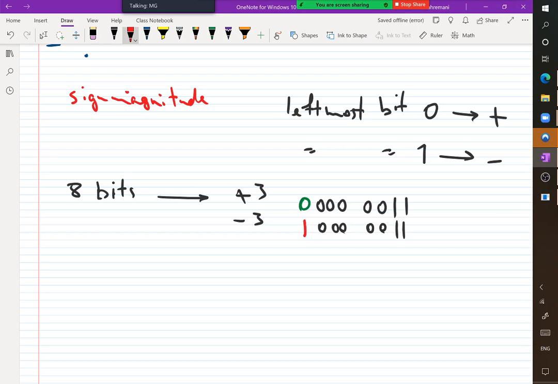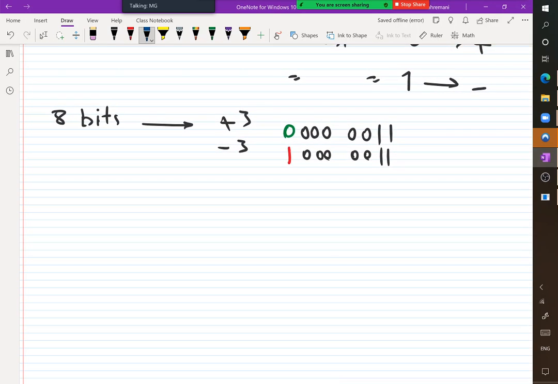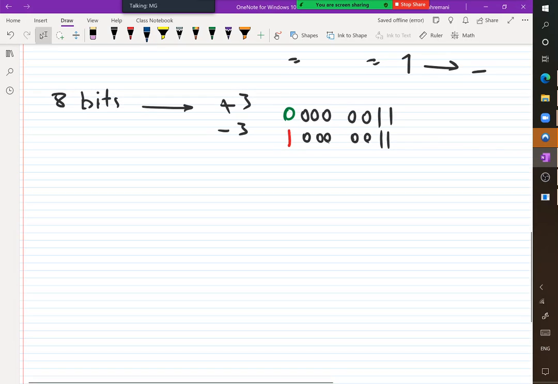Okay, so what if we want to add or subtract these numbers, and is sign magnitude the best method to represent negative numbers or not? The first thing I want to tell you is the addition of two simple bits.